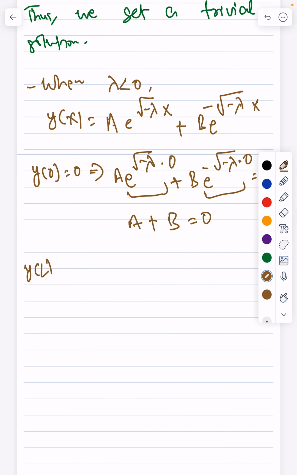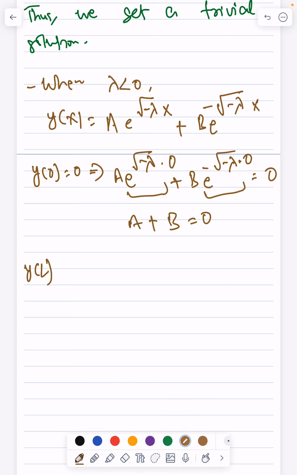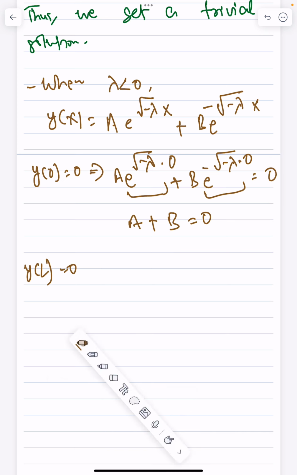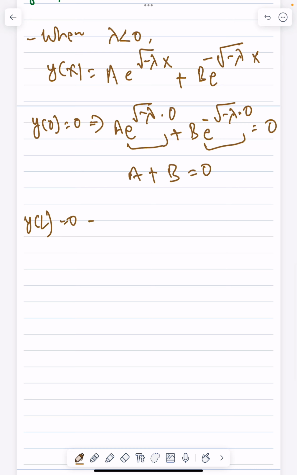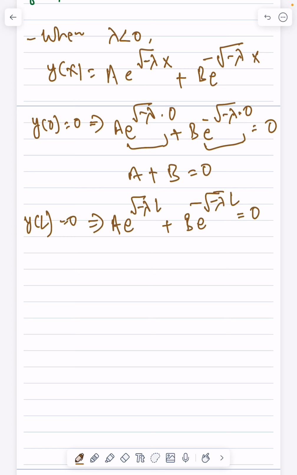And let's look at y of L equals 0. Then we get a e to the power of L plus b e to the power of negative L equals 0. Now from here, a plus b equals 0, then b is also equal to minus a, right?